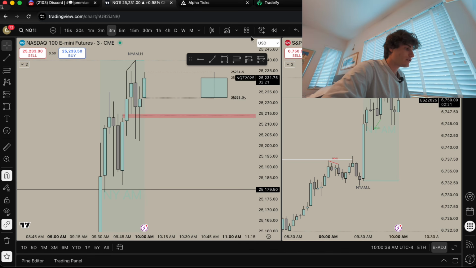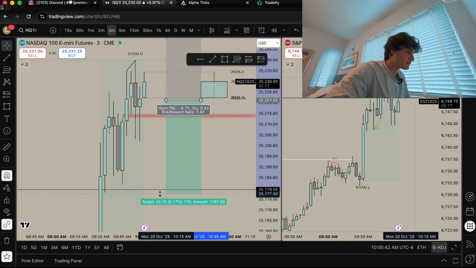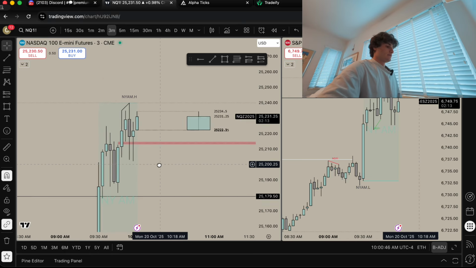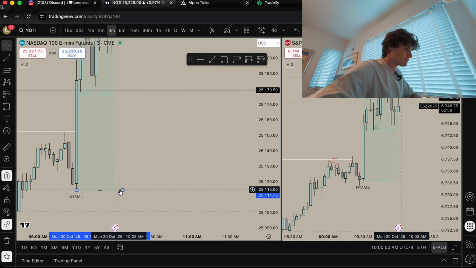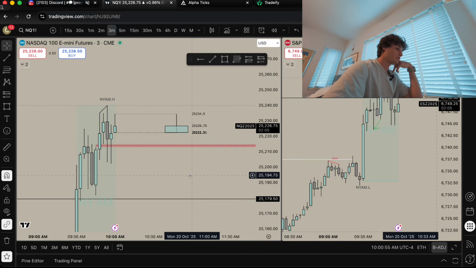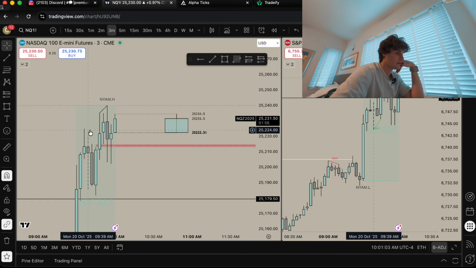These ranges are huge, right? Like this is like a... Oh, it's actually not that big. I'm not gonna lie. Delete this. I don't know what this fake out was, to be honest. We had SMT, right? Yeah, we did, right here.